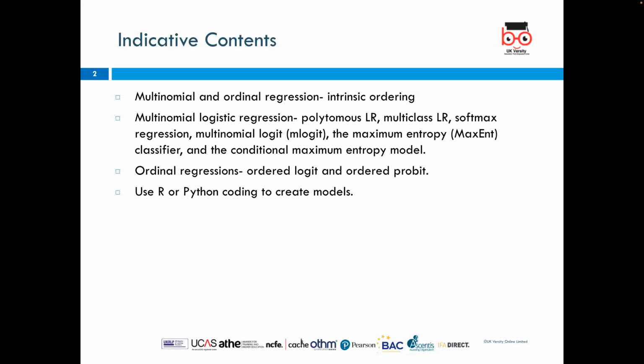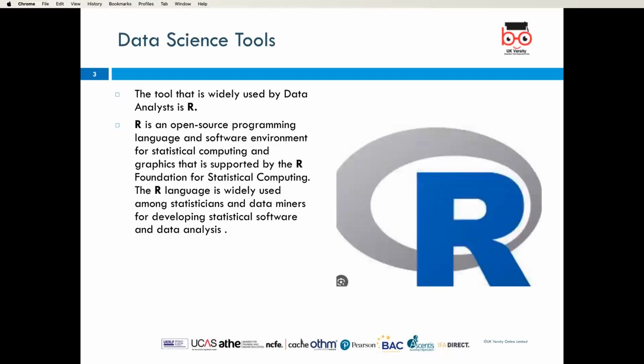Multinomial logistic regression: polytomous LR, multiclass LR, softmax regression, multinomial logit, M-logit, the maximum entropy classifier, and the conditional maximum entropy model. Ordinal regressions: ordered logit and ordered probit. Use R or Python to create models.